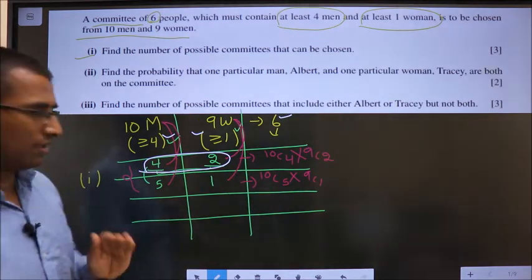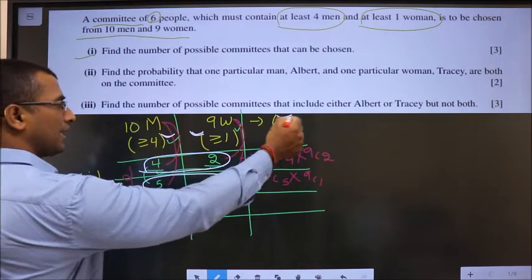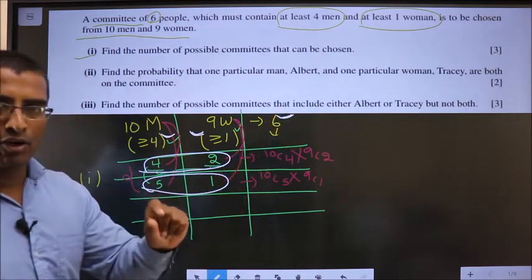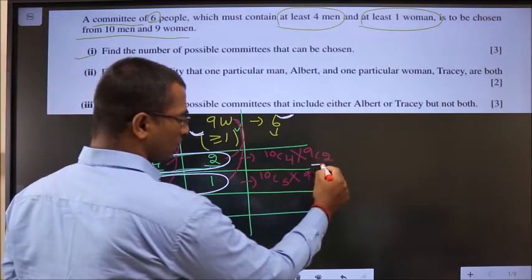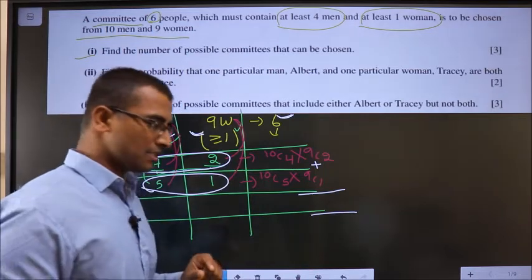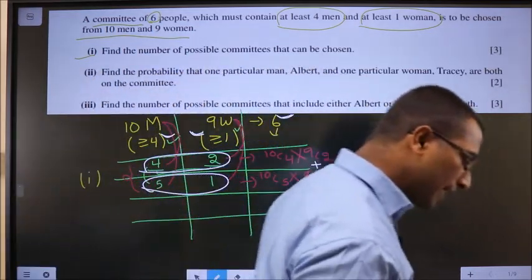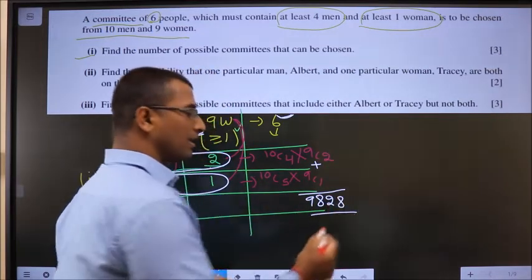Or this set of numbers satisfied the condition and the count. It is or. Whenever it is or, you need to add. So add these two to get the final answer, and that you get is 9828 is your final answer.